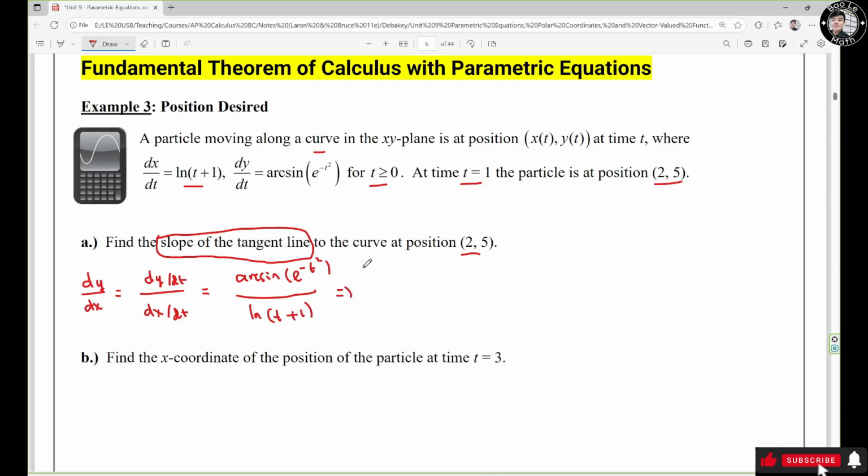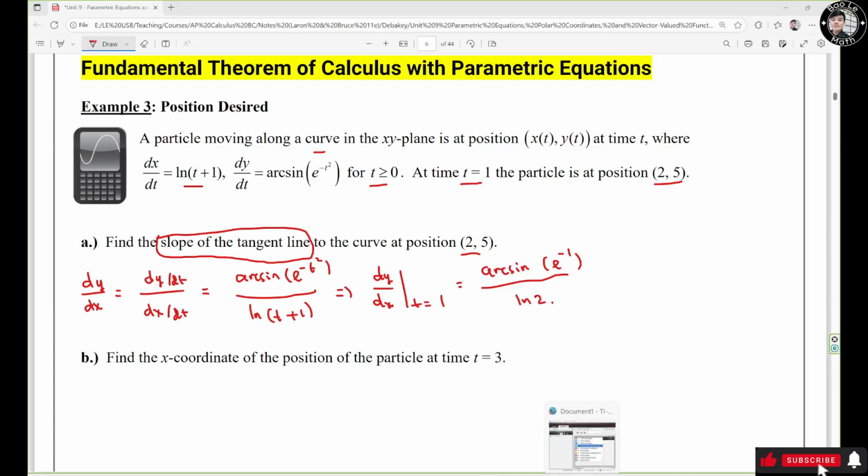Then we need to calculate dy/ds at t equals 1. So we substitute 1 for t into this one, and we have sine of e to the negative 1 squared, which is e to the negative 1, over natural log of 2.